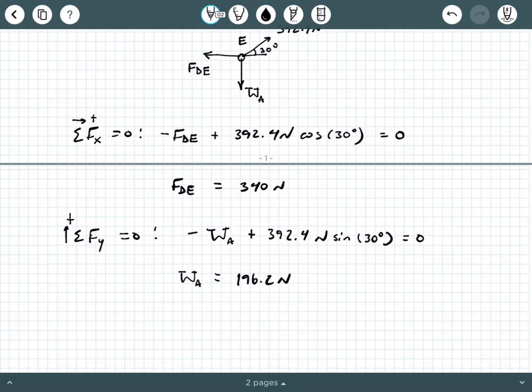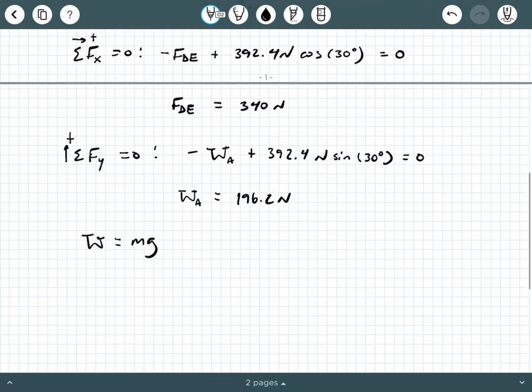Now, if you stop here, you're not quite done yet. You're technically going to be incorrect, because notice that the problem statement asked, what is the mass of cylinder A? This is the weight of cylinder A. So to get mass, remember, weight is equal to mg.